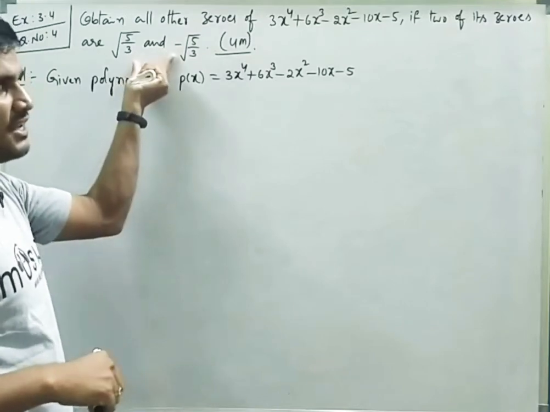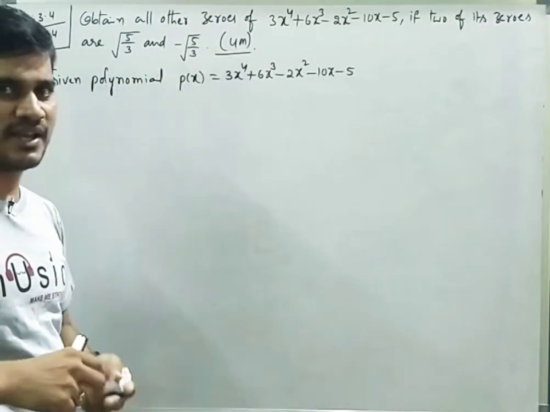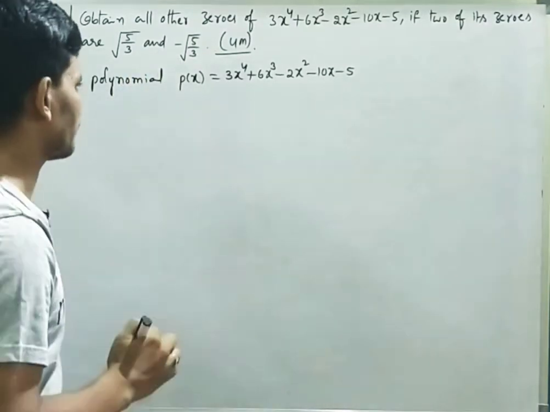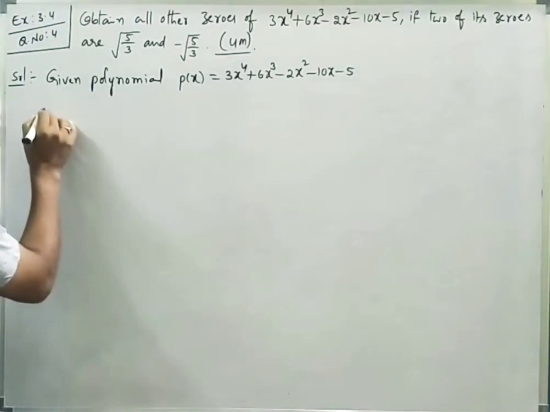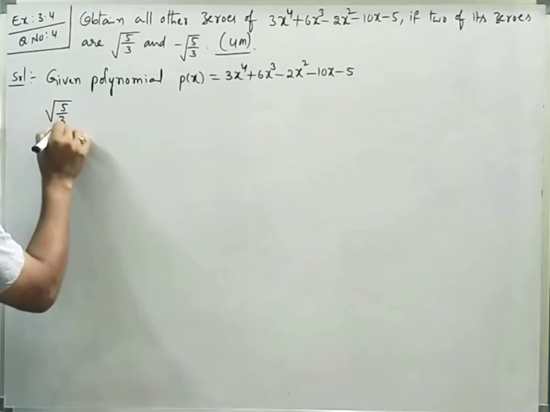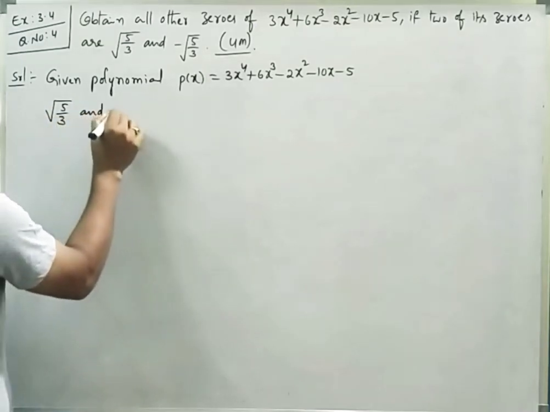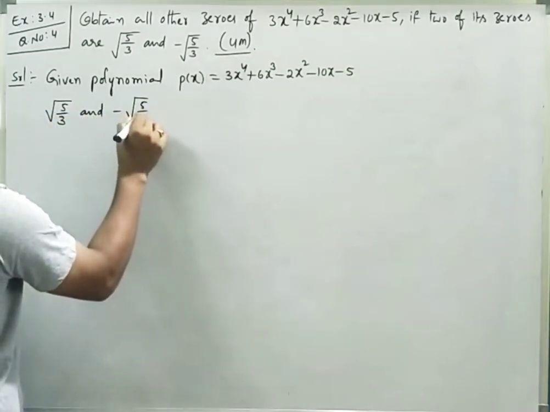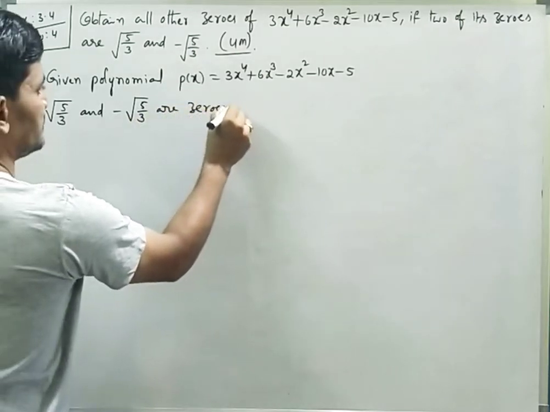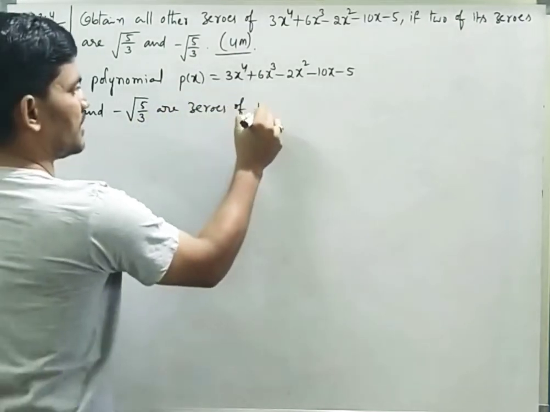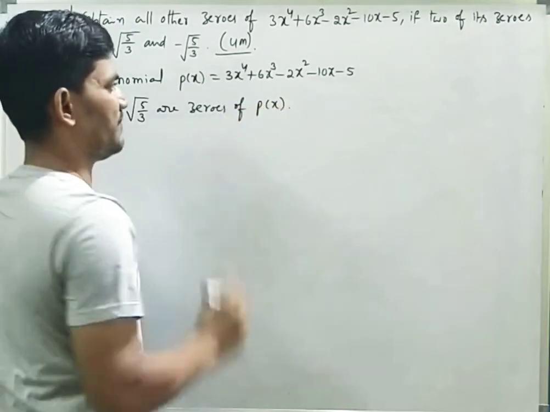Two of the zeros are given, we have to find the remaining 2 zeros. Now, you are given that root 5 by 3 and minus root 5 by 3 are zeros of this polynomial p of x.